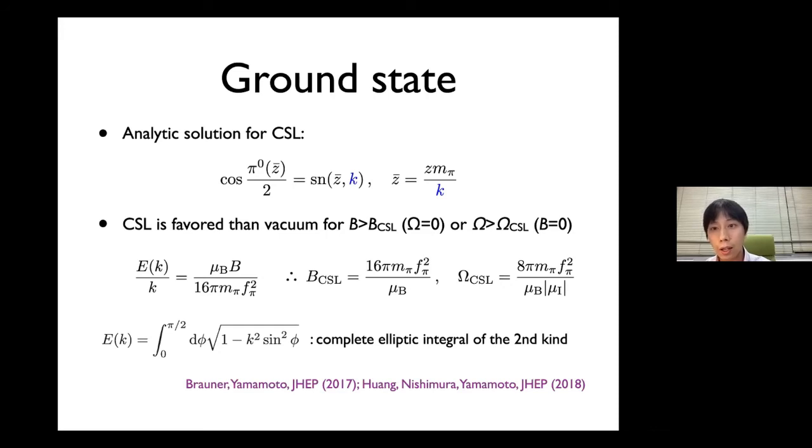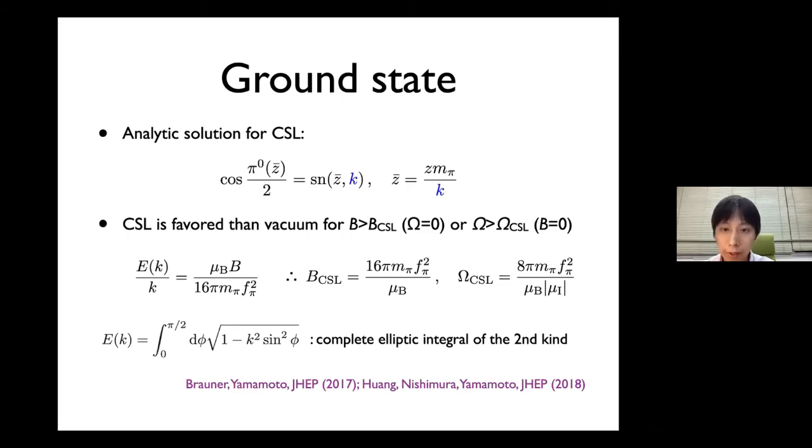Therefore, this is a necessary and sufficient condition for the realization of the chiral lattice, as long as we can focus on the charge neutral pion within the applicability of this low energy effective theory. And similarly, we get the critical magnitude of the global rotation for the realization of the chiral lattice at finite isospin chemical potential.